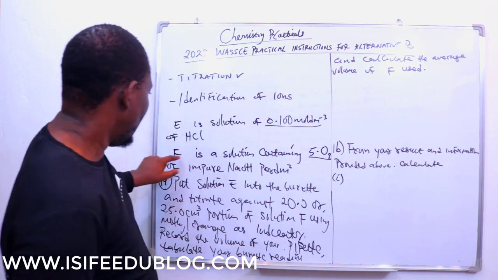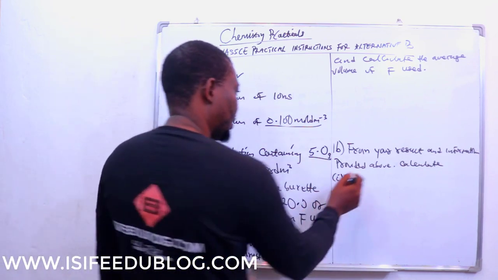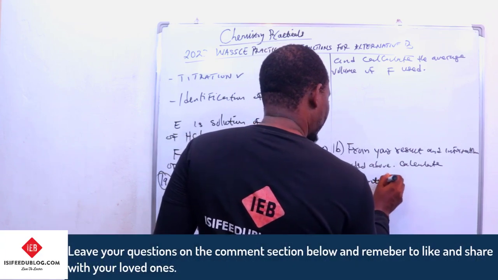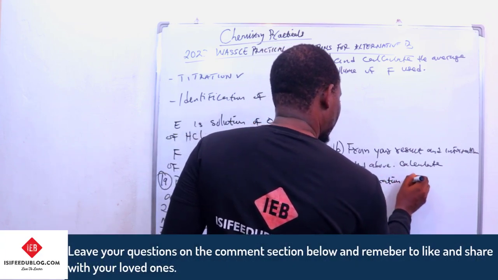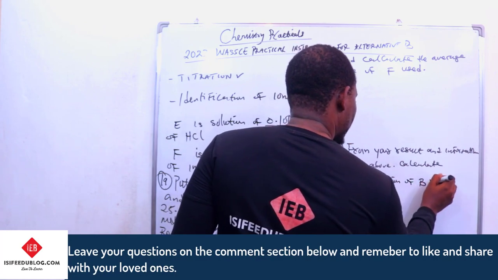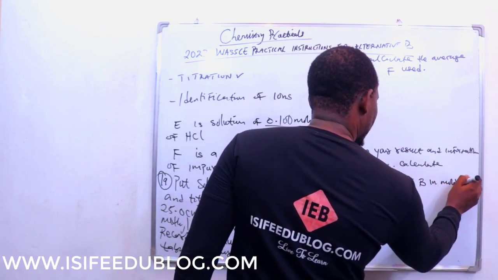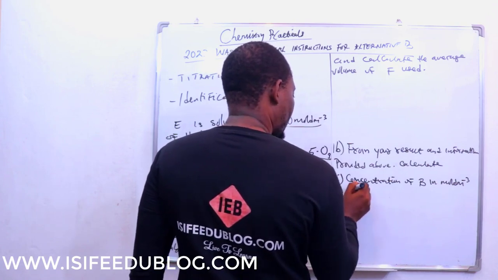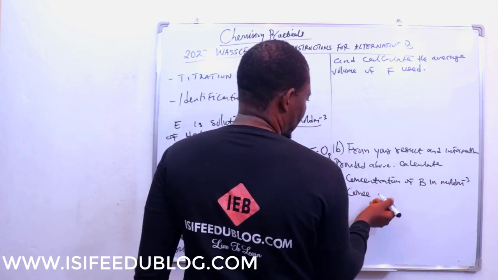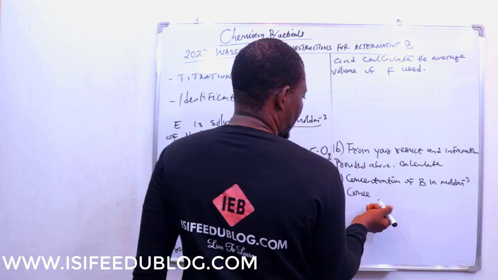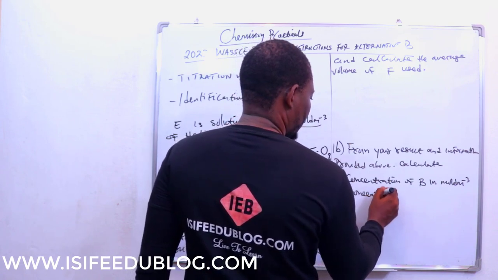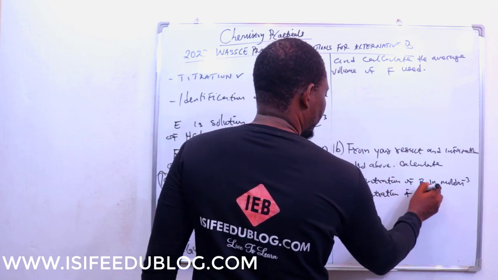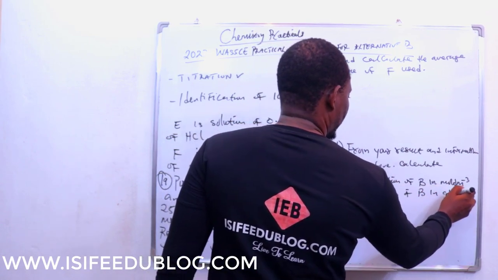So what we do is to calculate the concentration of B in mole per dm cube. Then II, concentration of B in gram per dm cube.